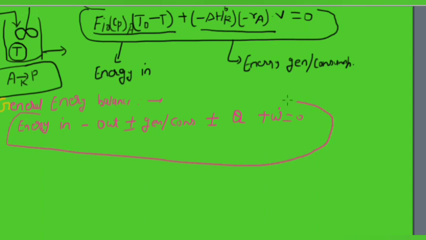This is the general basic equation of our energy balance in CSTR. Here I have written a generation or consumption term because the reaction may be exothermic or endothermic, depending on the situation. So each and every time here you have to take a positive sign, because I have taken the magnitude here. You just substitute the magnitude here and there must be a negative sign here. So you don't have to panic about that.